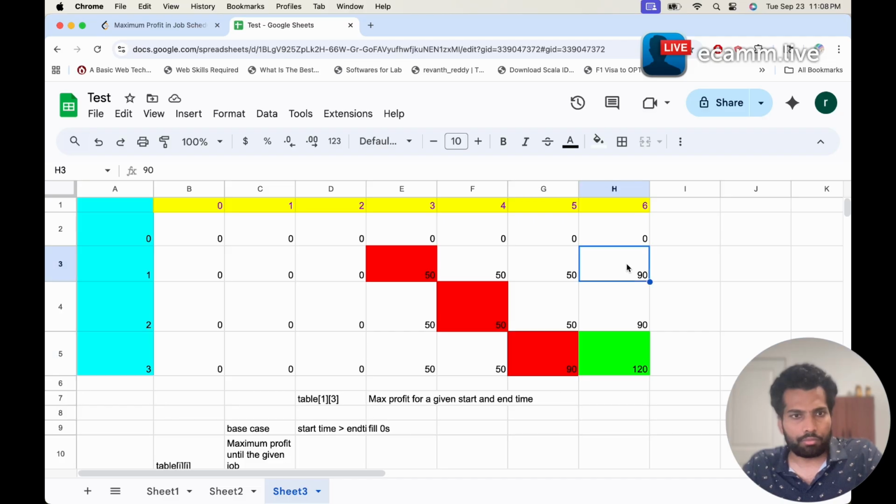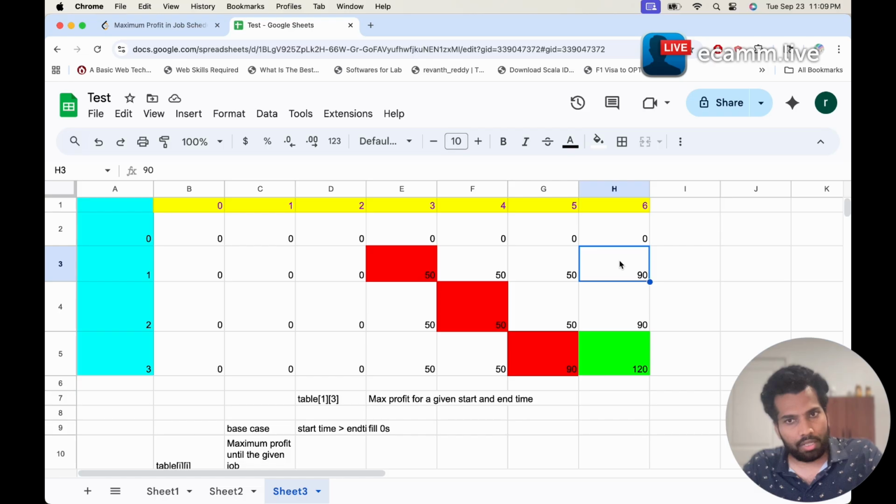There is no job that starts at 3 and ends at 6. So the only option, if we do not have the job, is to choose the previous max. We calculate the previous max by calculating the maximum of this column. As I said, this column represents the end time.